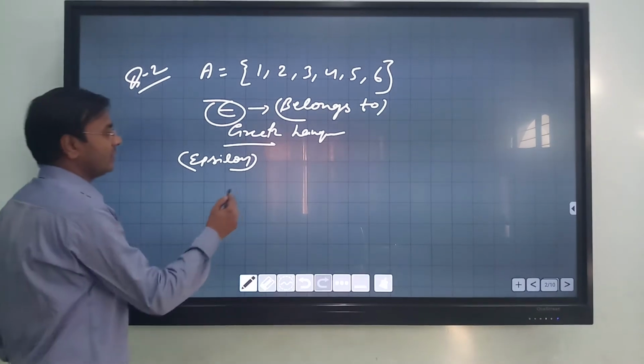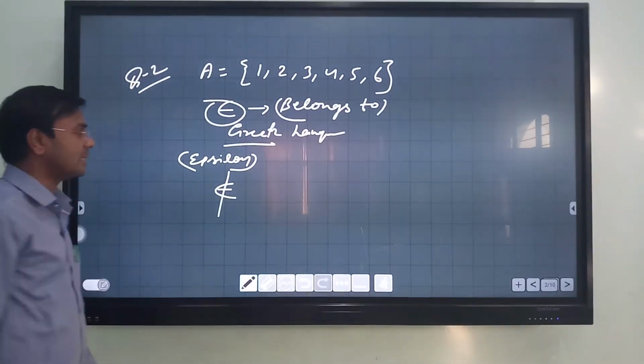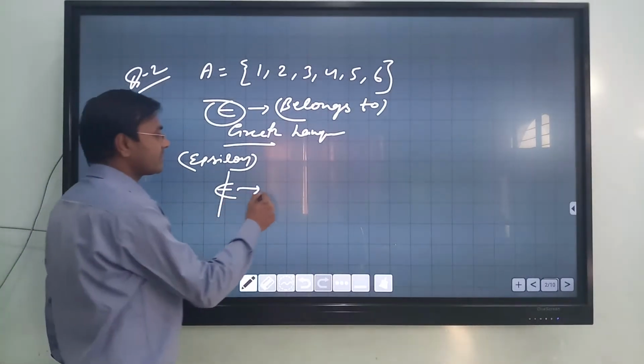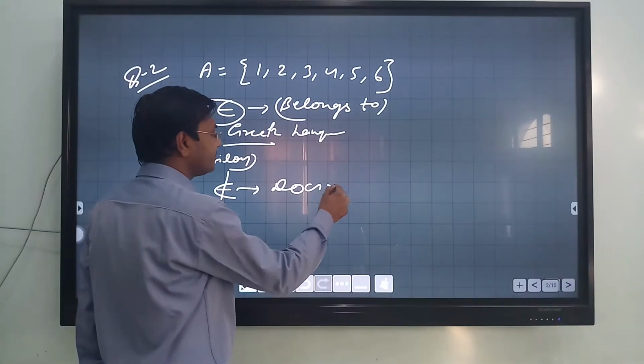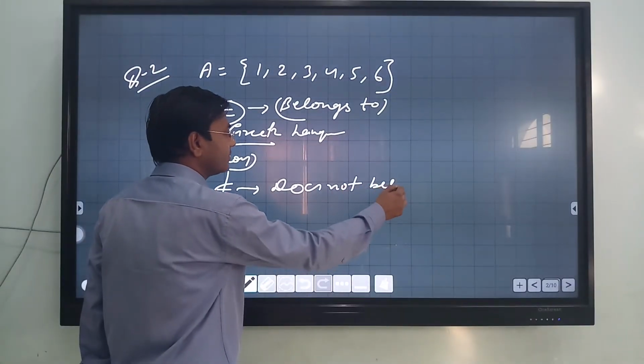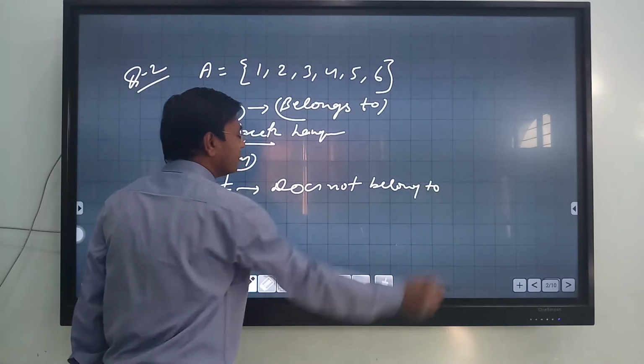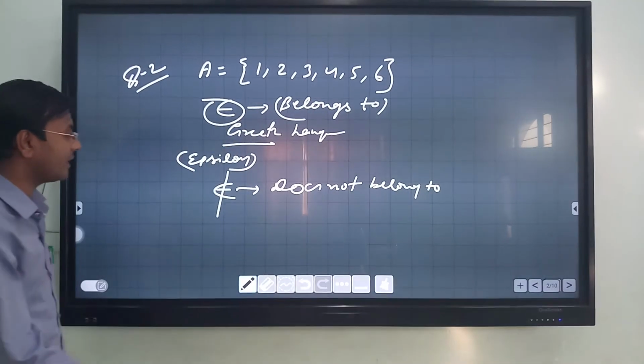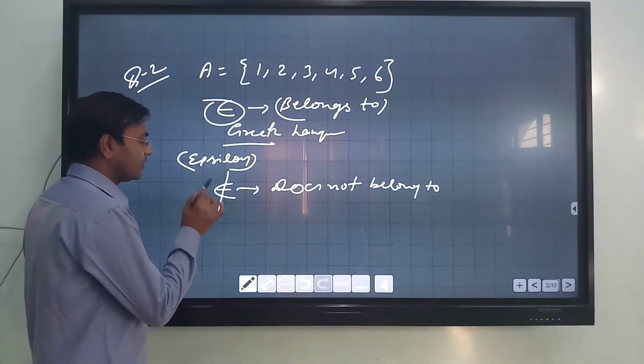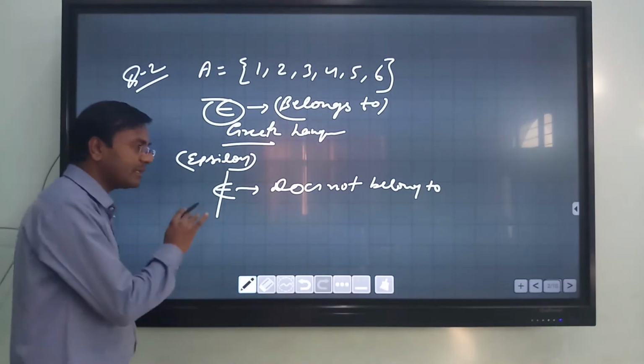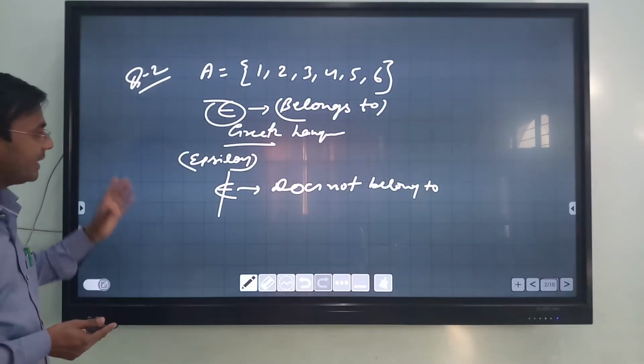So if we write this epsilon with a cross, it means does not belong to. Make sure we use this for an element as well as the set, that an element belongs to a set or not.